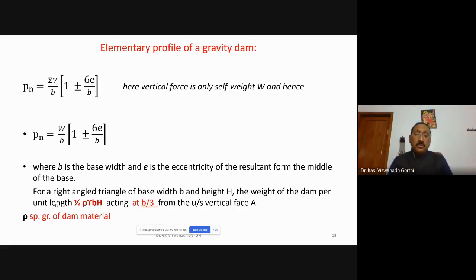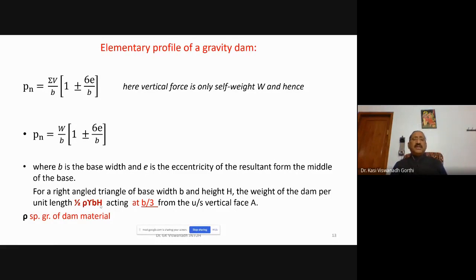So to compute the weight of the dam, we need the volume of the dam. The volume will usually be taken per unit length, so the cross-sectional area of the dam multiplied by 1 meter length gives you the volume. So you need the sectional area of the dam. We have seen it is a triangle having base width B and height h. So half of B into H gives the cross-sectional area, multiplied by 1 gives the volume, into the specific weight of the dam material.